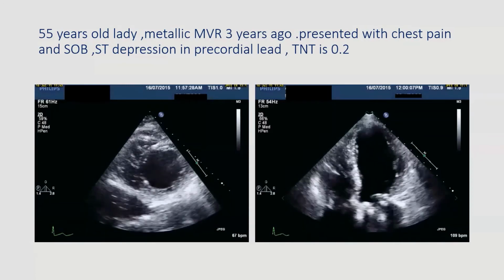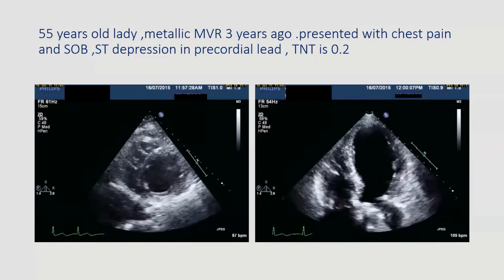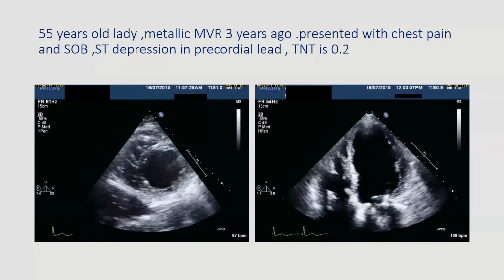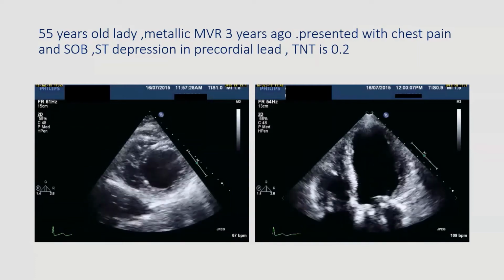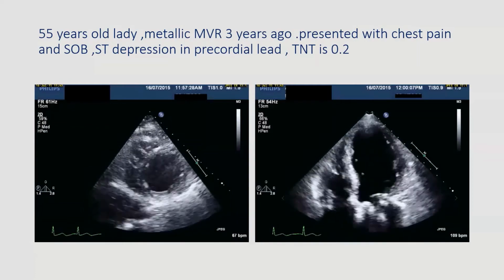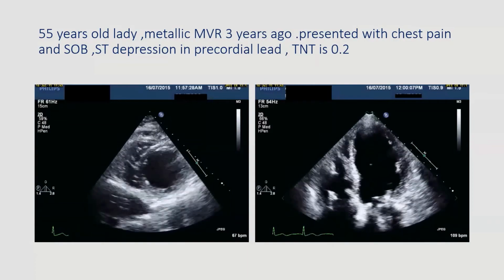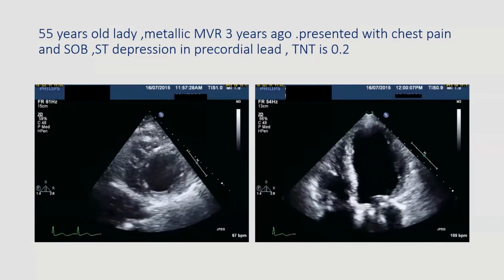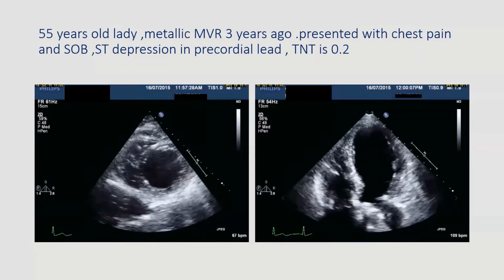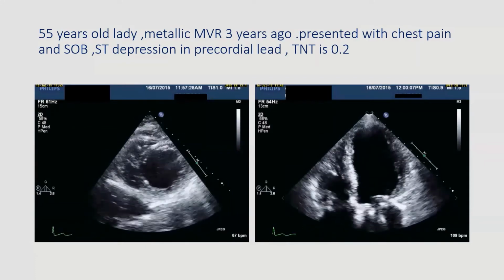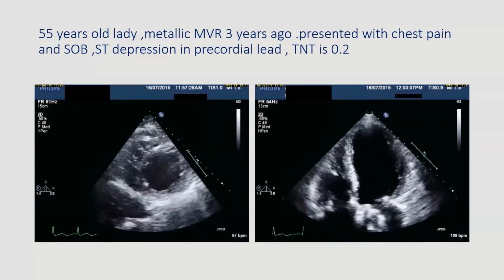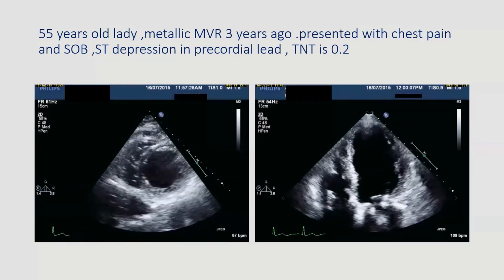They think that having RV apical hypokinesis increases the probability of Takotsubo really a lot. I mean, the diagnostic certainty of Takotsubo increases a lot if you elicit RV apical hypokinesis.